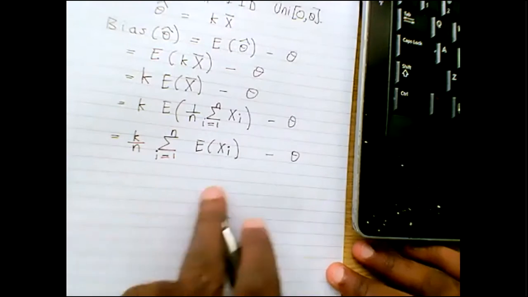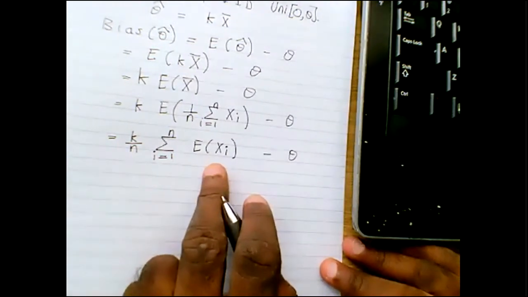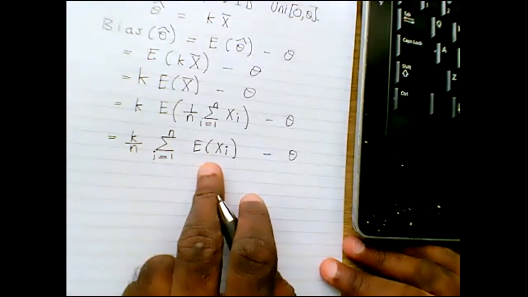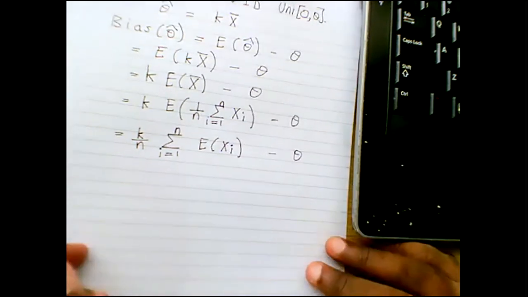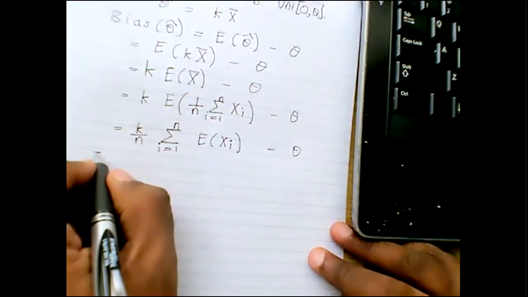Now, you know from probability 1 the expectation of a uniform variable. Do you guys remember or not? If you don't remember, let me write it down.